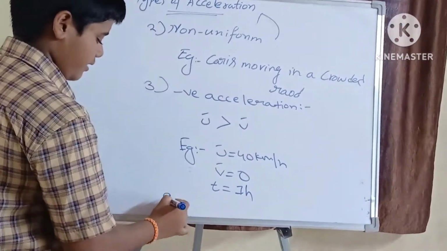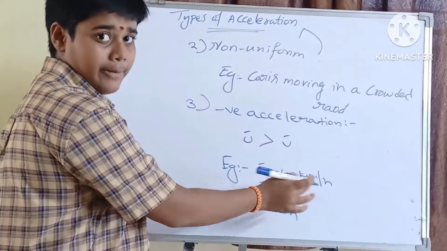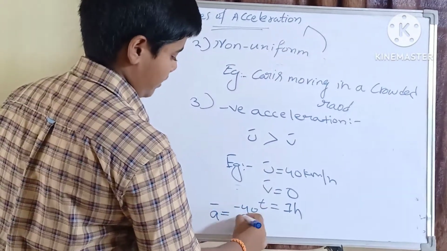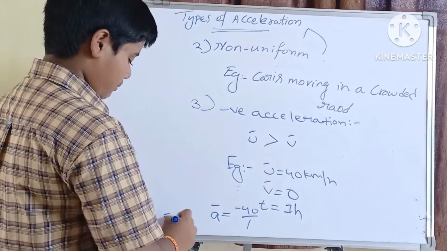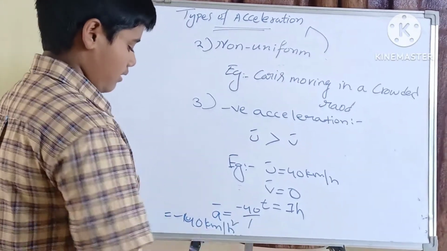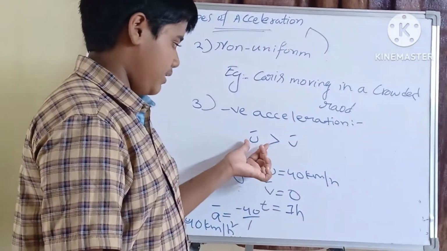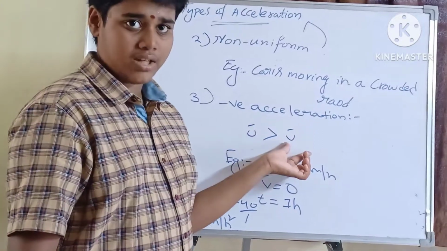So here acceleration is v bar minus u bar by t. So 0 minus 40, minus 40 by 1, which means minus 40 km per hour square. In this, initial velocity is bigger than final velocity.